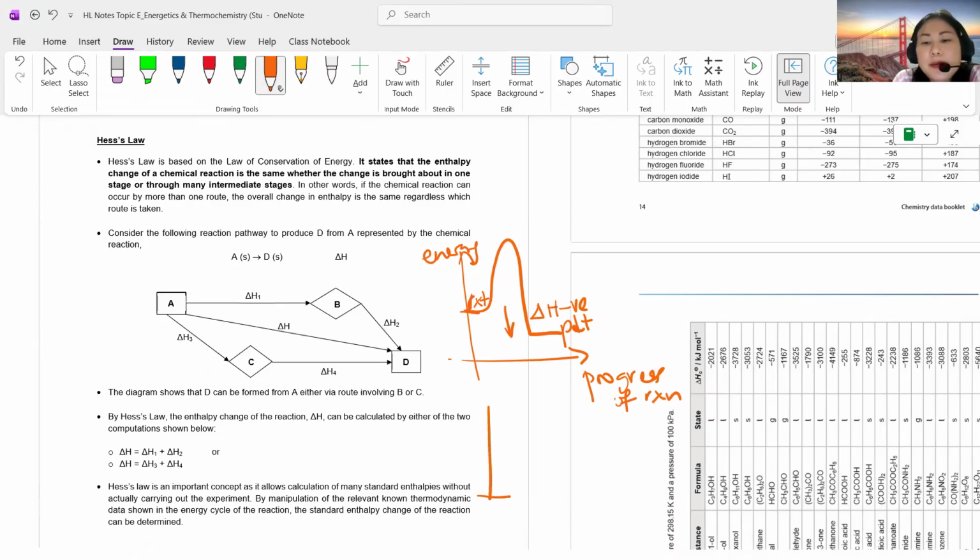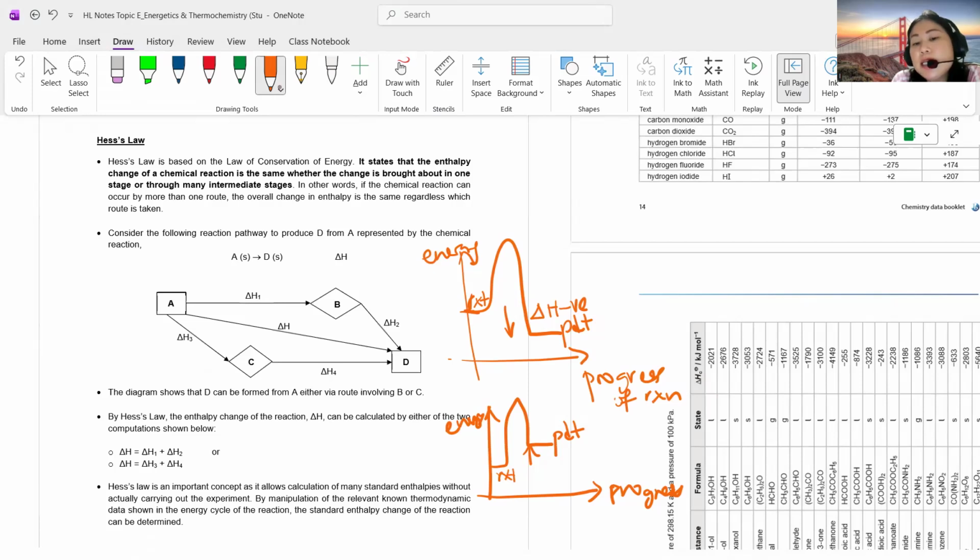So in an endothermic reaction, this is our energy, and this is our time, progress of reaction. And if it's an endothermic reaction, our product has higher energy than our reactant. And where does this energy come from? It has to be supplied into the reaction.